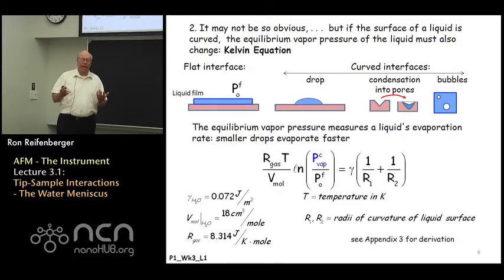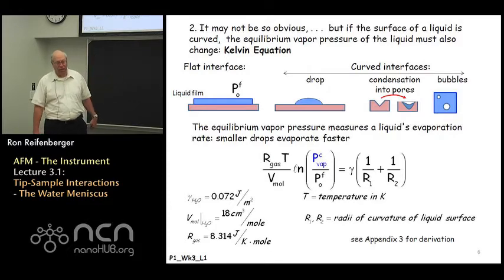And in addition to that, you have to know the temperature T in degrees Kelvin of the interface. You need to know the universal gas constant, and you also need to know the molar volume of the liquid involved. So I give numbers for those quantities on this slide.